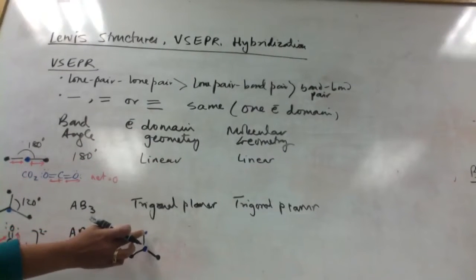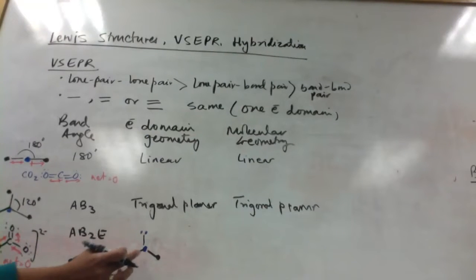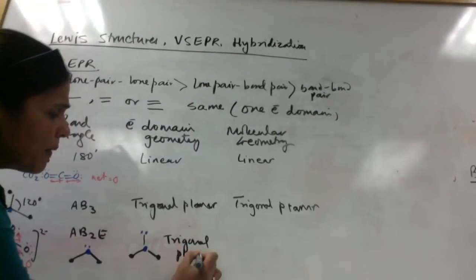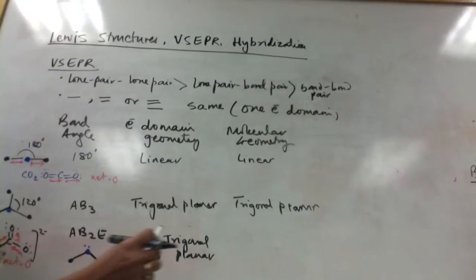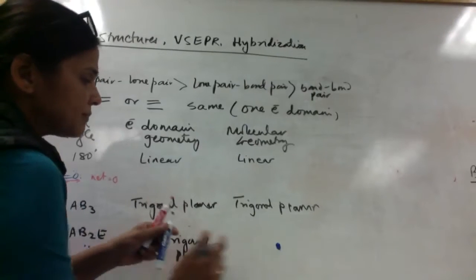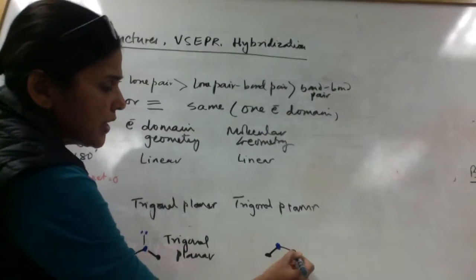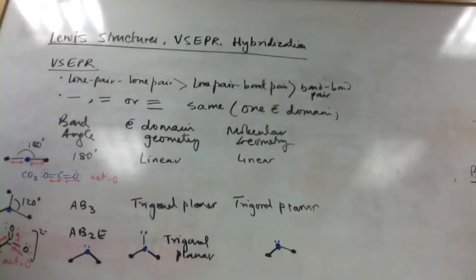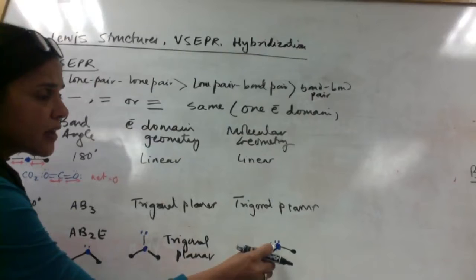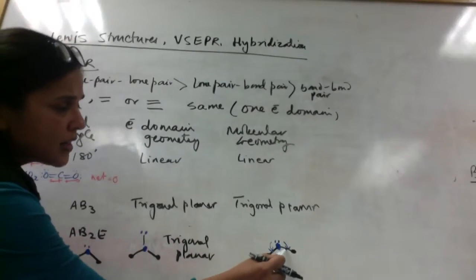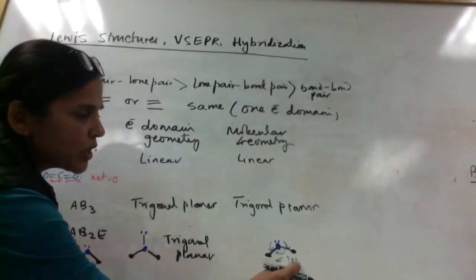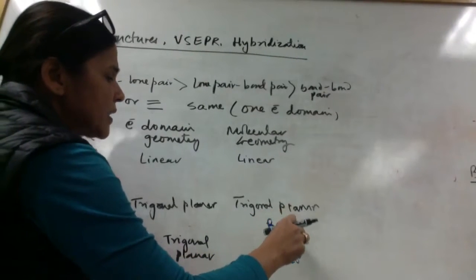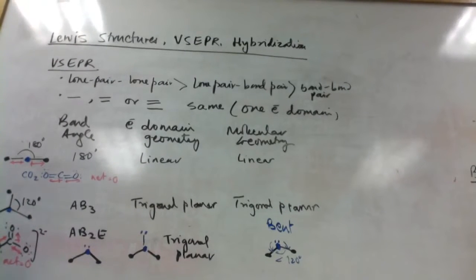So its electron domain geometry, or geometry of its electron domain, is still trigonal planar, but its molecular geometry starts looking like this because the molecule is only this, right? And the lone pair really is sitting in the electron cloud here. And because this lone pair repels the bond pair more, this angle becomes less than 120 in this case. And this shape is called bent. You have to memorize the bond angles and the shapes.